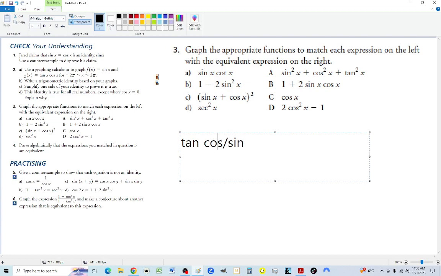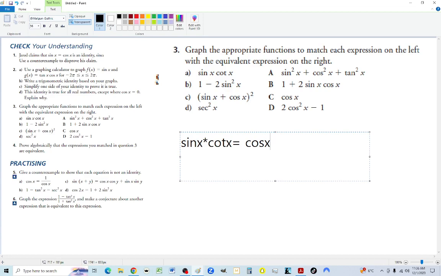If I replace the cot x with cos x over sine x, I can see that my sines cancel out, because this is on the denominator and this is on the numerator. So therefore, sine x times cot x is equal to cos x. And that's the truth. That's the equivalent.